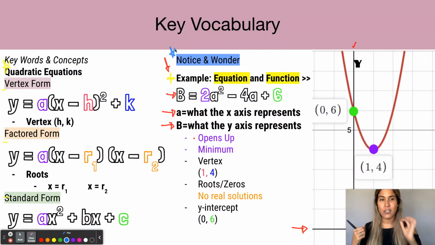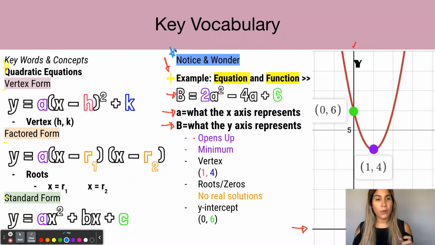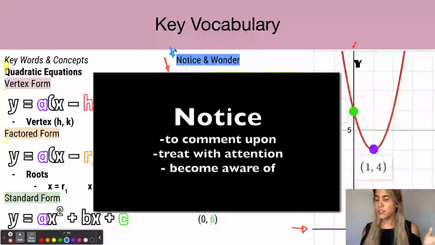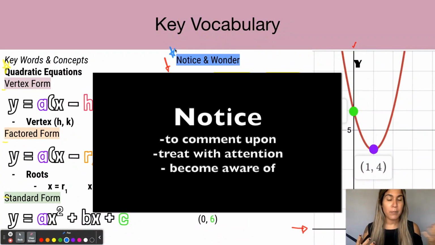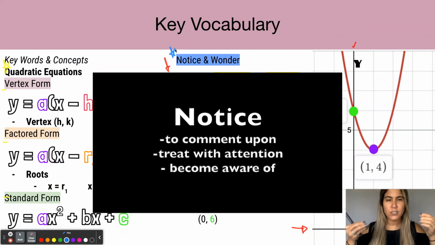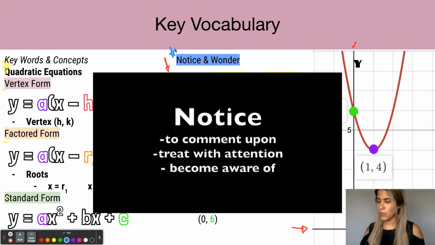What does it mean to notice and wonder? According to Merriam-Webster Dictionary online, you could just do a quick Google search, to notice is to comment on something, to treat it with attention, to look at it closely, and to become aware of it.